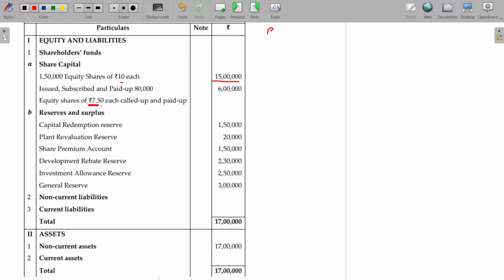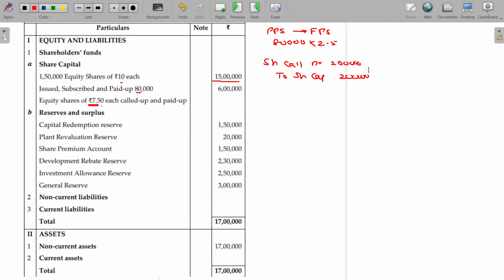So partly paid up share is converted into fully paid up share. 80,000 shares are there. So 80,000 into 2 rupees 50 paise will be the call money. What is the journal entry for the call money? Share call account debit to share capital. 2 rupees 50 paise into 80,000, 2 lakhs.